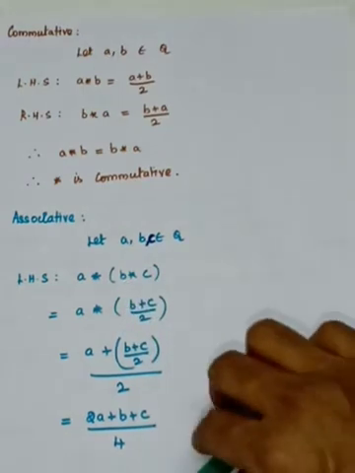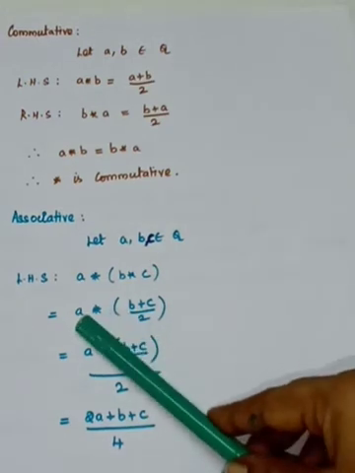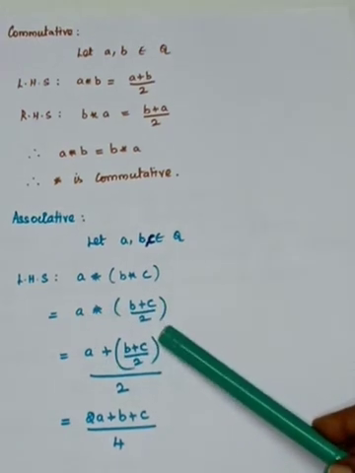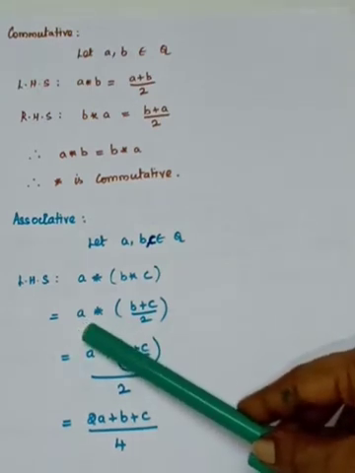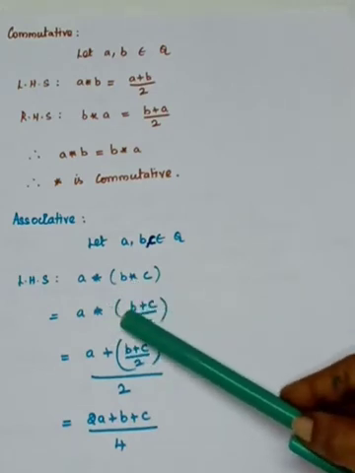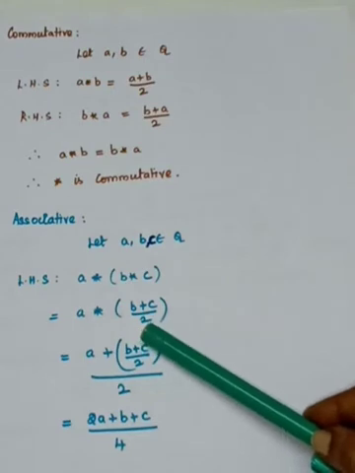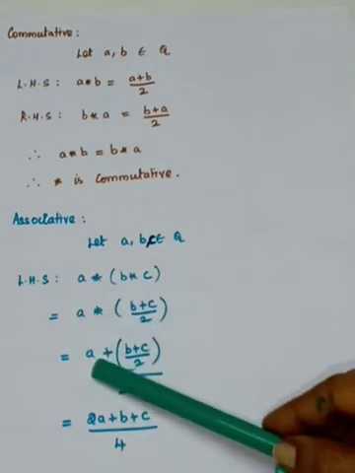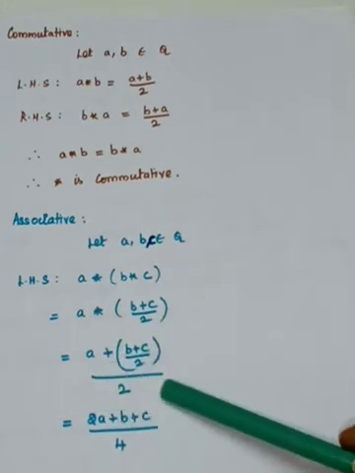Okay, now what do you have to do? The asterisk is now between A and (B plus C) by 2. This is your first number. Which is your first number? A is the first number and your second number is what? (B plus C) by 2. So according to the definition of the asterisk in the problem, you have to write the first number plus the second number, whole divided by 2.